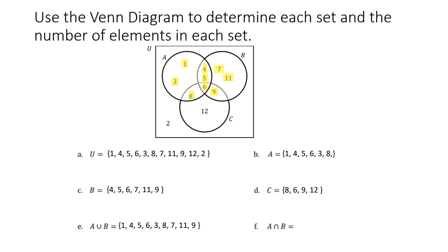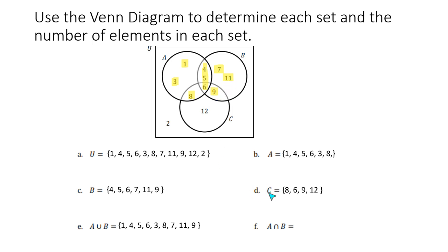Now we want to find A union B. That's going to be everything in A and everything in B. So I'm going to have 1, 4, 5, 6, 3, and 8, and then everything in B that we haven't used, 7, 11, and 9.